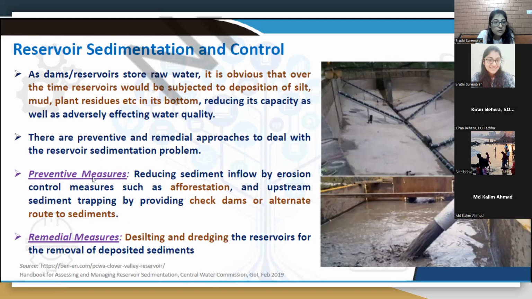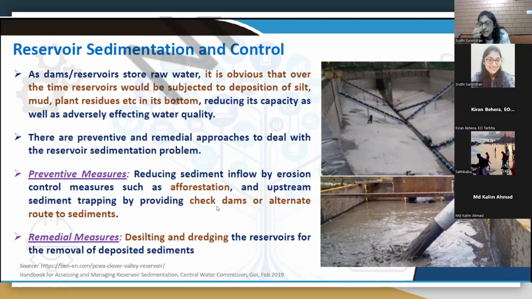You can see over here, there are two types of measures. One is preventing measures, that is preventing sedimentation from occurring. The other is remedial measures, which is dealing with the sedimentation after it has occurred. So a few of the preventing measures suggested over here are afforestation and upstream trapping of this reservoir by building check dams.